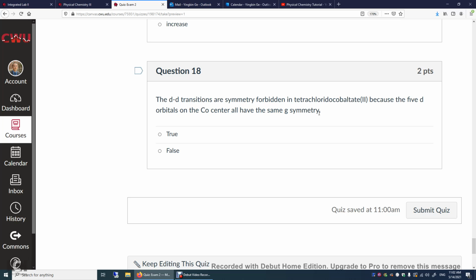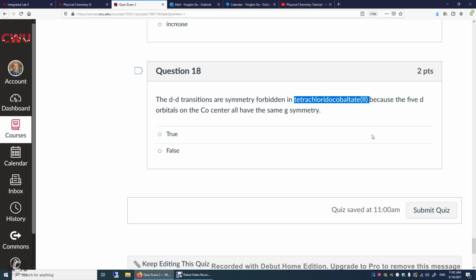Correct. However, this question is tricky because if you look at this transition metal complex, it's tetrachloridocobaltate. It's a tetrahedral structure without g symmetry. It's a Td point group. There's no g symmetry, there's no u symmetry, there's no inversion center. So in this case, actually, all 5 d orbitals are distorted. They do not have exactly g symmetry or u symmetry.